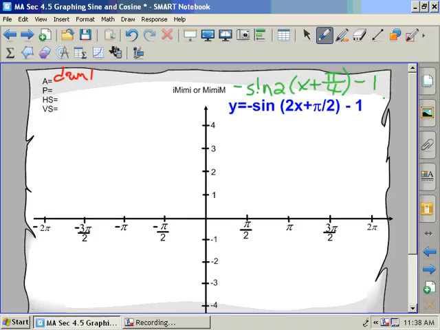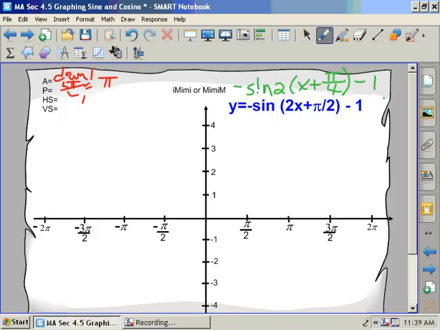Okay, the period. It's 2 pi over b, and b over there we just factored out a 2. So 2 pi over 2 is pi. Pen's not doing great. I'm sorry. And then the horizontal shift is the number in the parentheses, but it's the opposite.